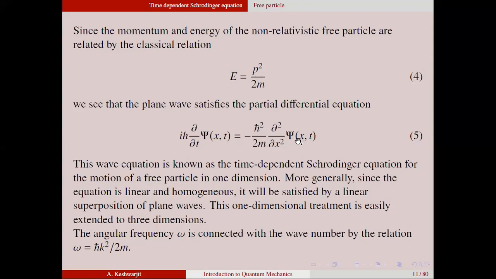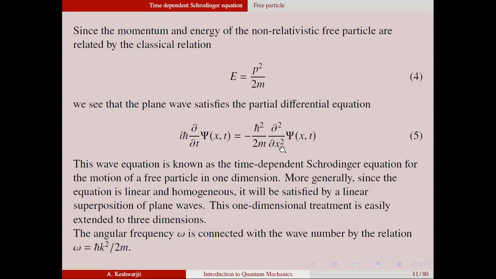Here also it is a second derivative of psi, so it is also a linear function of psi. There are no terms containing psi square, and no terms containing a multiplication of psi and its derivative.